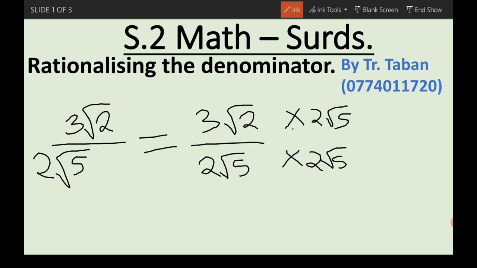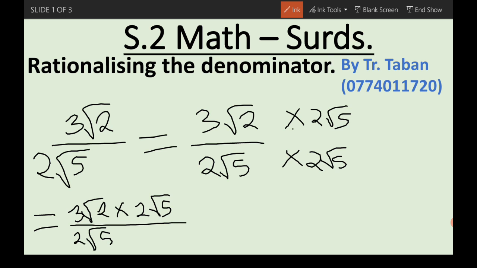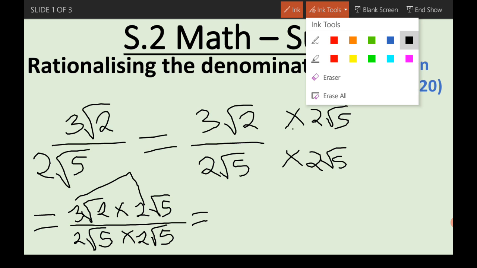So we get 3 root of 2 times 2 root of 5 in the numerator, and in the denominator 2 root of 5 times 2 root of 5. We multiply those numbers outside the square root sign, the 3 and the 2, likewise the 2 and the 2, and then multiply those under the root alone as well.